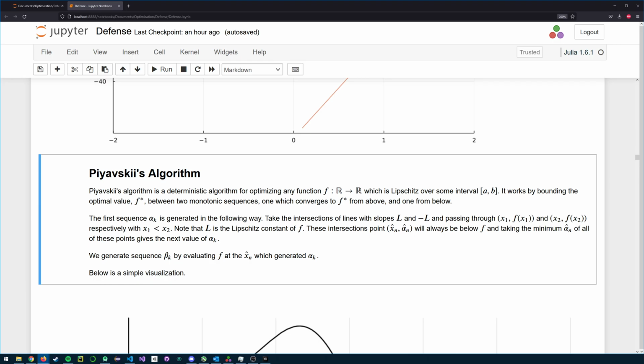And this is proved in the thesis as well. So taking the minimum of all these intersection points gives us the next value of alpha sub k. And we generate beta sub k, the second sequence, which converges to f star from above, by evaluating f at the x hat sub n which generated alpha.